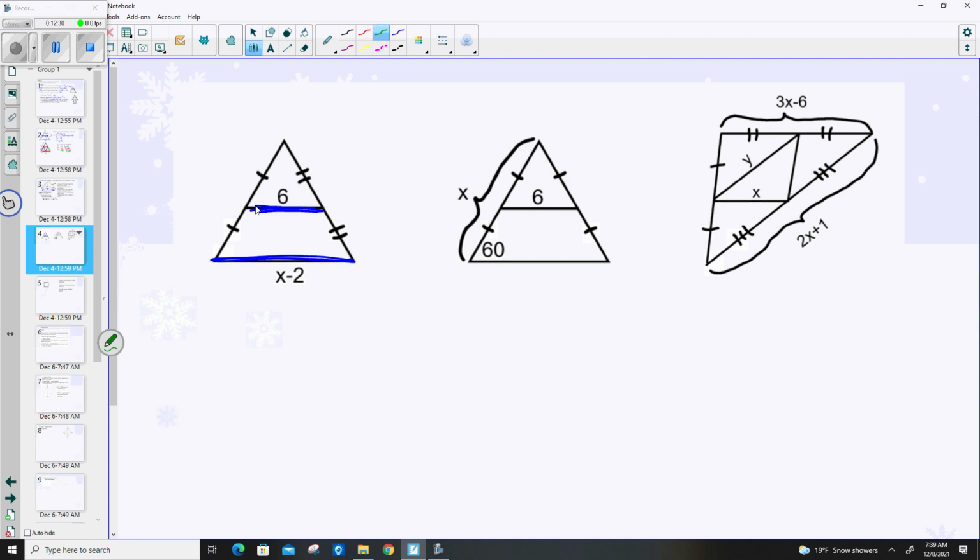Okay, so we got to do something here. What should we do? Very nice. We got to take our mid-segment times 2 to get the base.